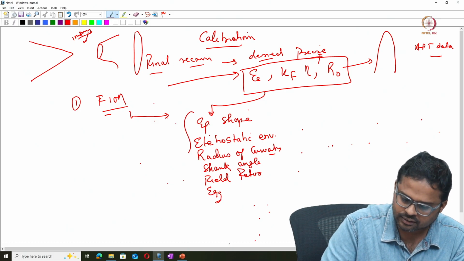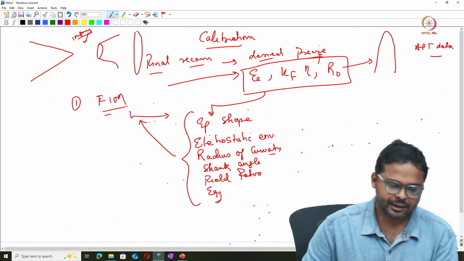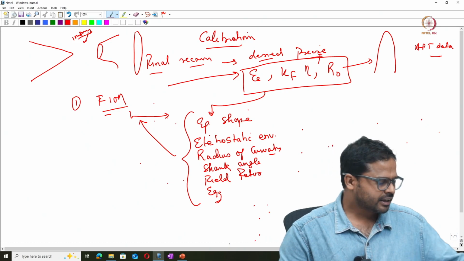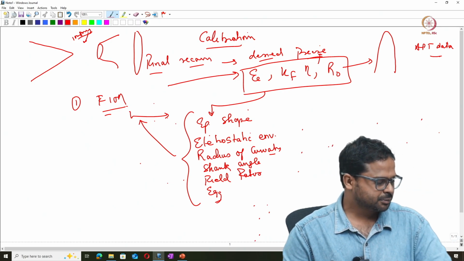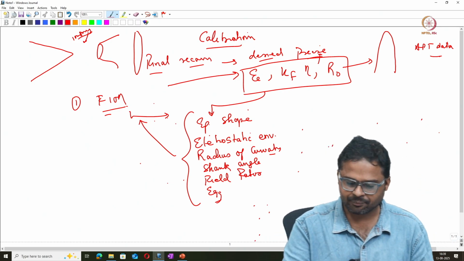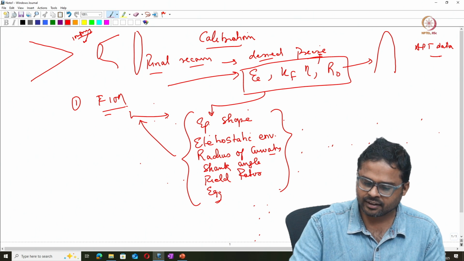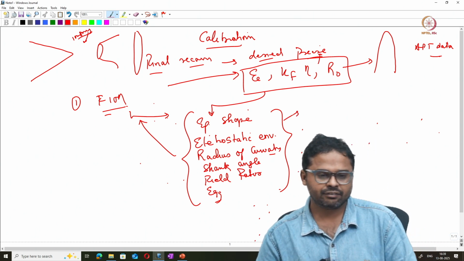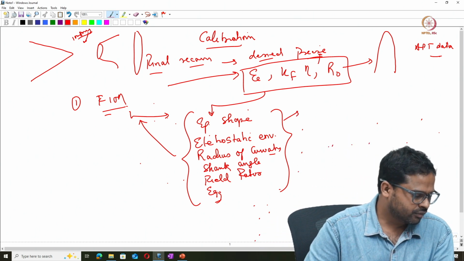So all these parameters can be determined by using FIM. We'll come step by step with this. It might be a revision of what we discussed in the last couple of classes.